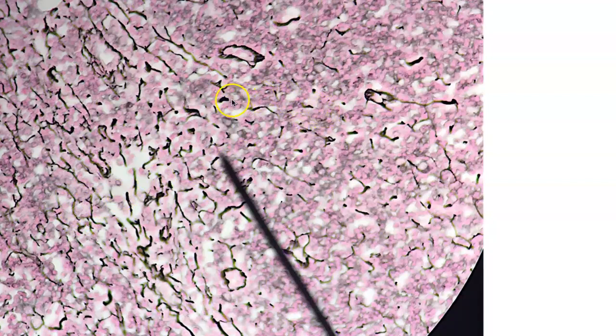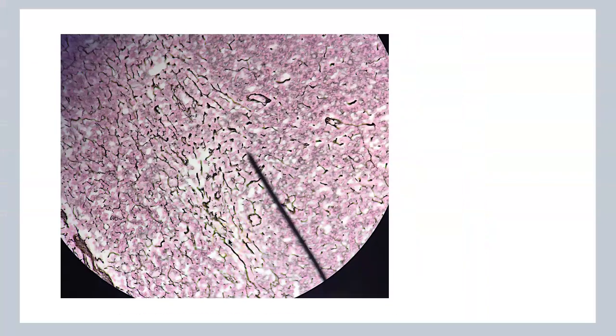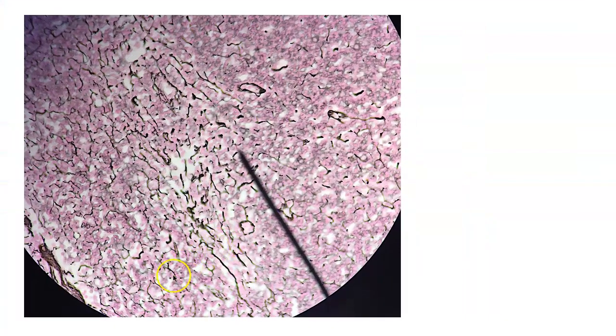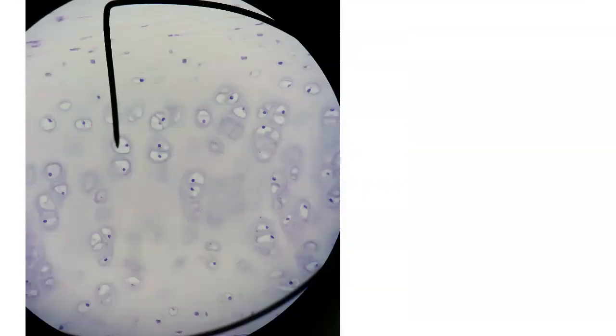What are the cells that you're seeing in the background of this tissue? These are the cells of the organ that this reticular connective tissue is in. So that's reticular connective tissue.